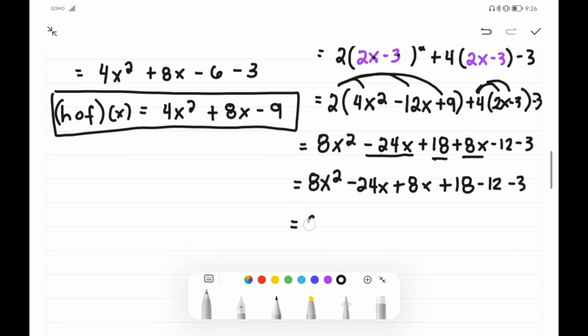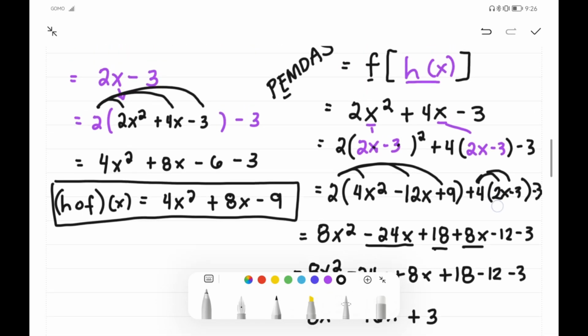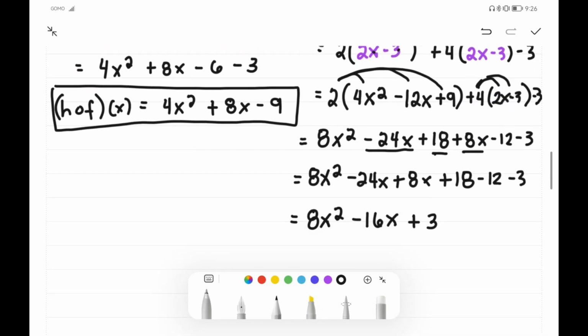So magkakaroon tayo dito ng 8x squared, then negative 24x plus 8x. So this is equal siya sa negative 16x. Then 18 minus 12 is equal siya sa 6 minus 3. So positive 3. So therefore, wala naman itong common factor. So therefore, we can say that this is now the value of our f composite of h of x.